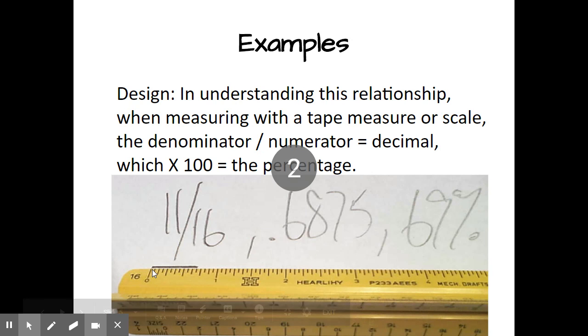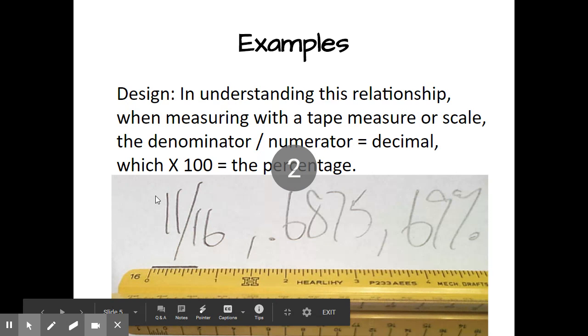If I'm measuring some line that falls between 0 and 1, there's no whole number in front of it. There's just 11 in the numerator over 16 whole. So that's something representing a subset of 1 inch, or a value between 0 and 1 inch.